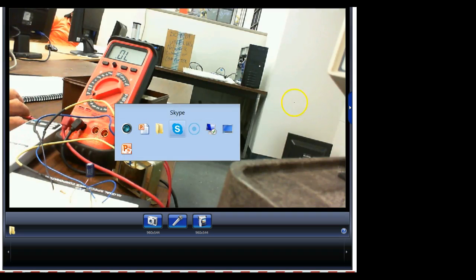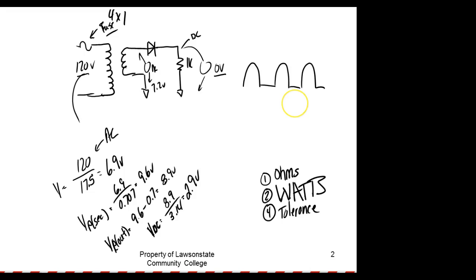Okay, so I'm going to change this over to a full wave. What should we expect out? So full wave center tap.